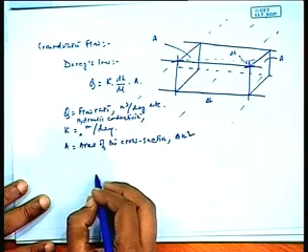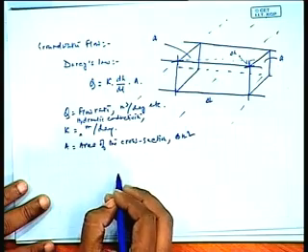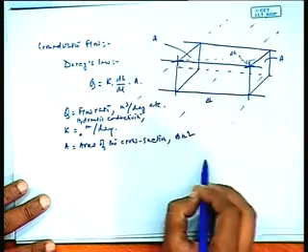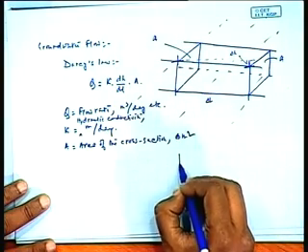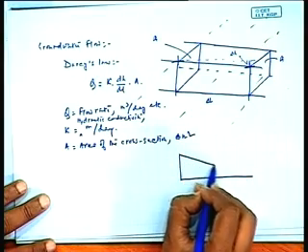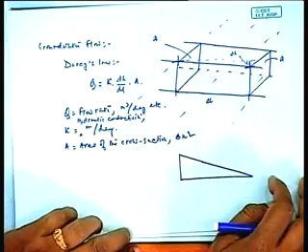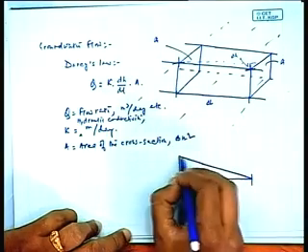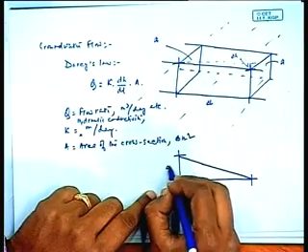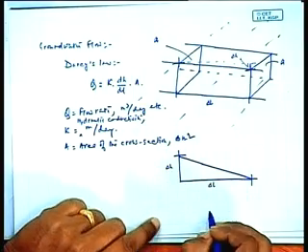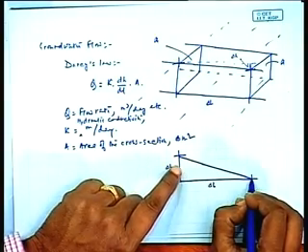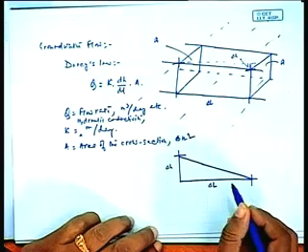If you observe this flow here, if this is the direction, consider the change in the hydraulic head here and here. This one is del H, this one is del L, isn't it? So these are two points in the aquifer. This is del H, this is del L.